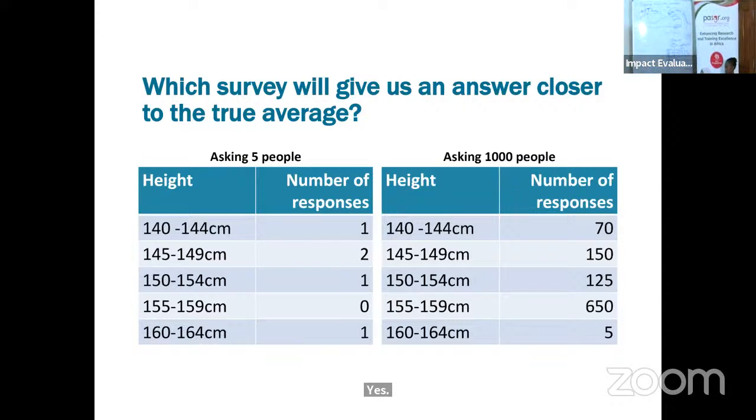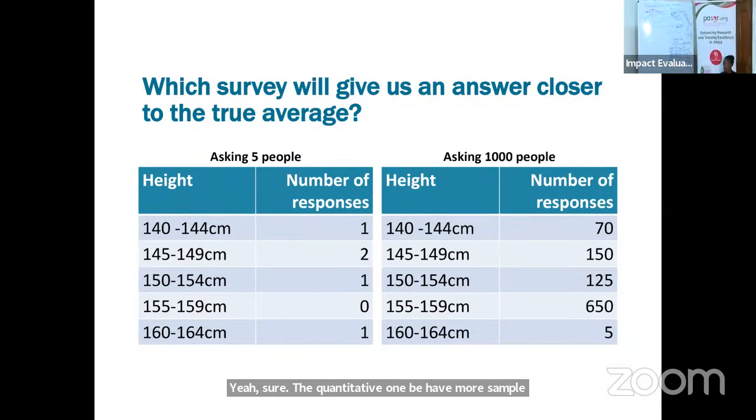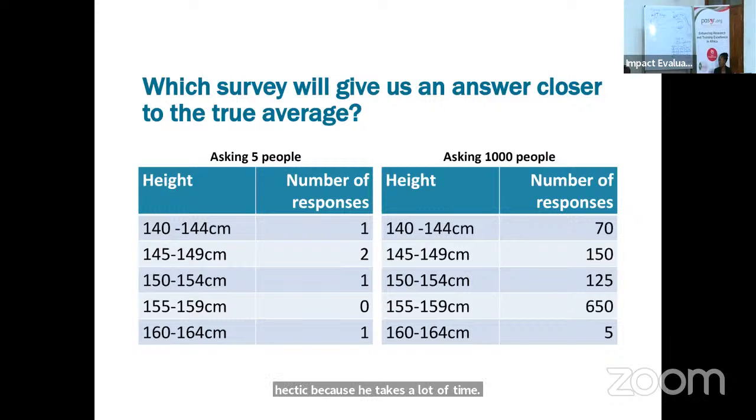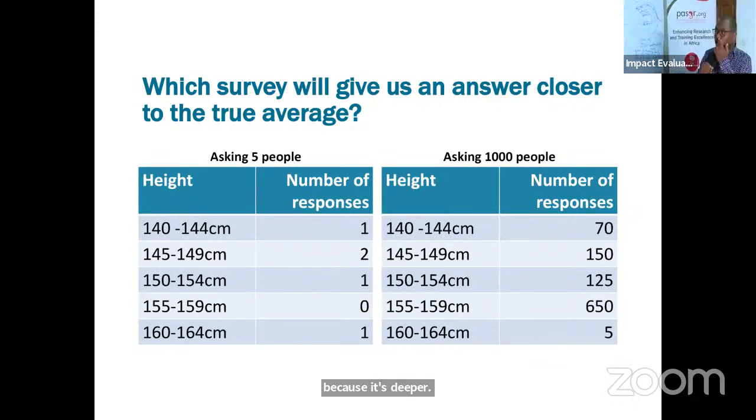Should a quantitative study have more sample than a qualitative one, because qualitative could be more hectic since it takes a lot of time? Yes, usually. With qualitative studies, you have so much flexibility in choosing the size of the sample. Usually it shouldn't exceed 50. Also because it's deeper. Analysis of in-depth conversation is not a joke, my friend.